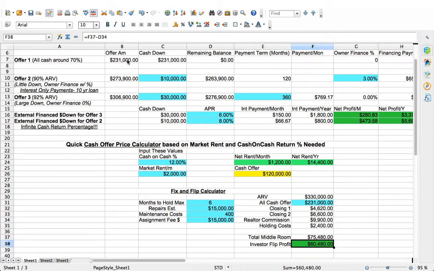So you can quickly show someone this is going to be about a $60,000 profit for you. You want to show the benefit to the end buyer up front. Everyone wants to know what they're going to make. They don't care what you're presenting. You've got to build that relationship.